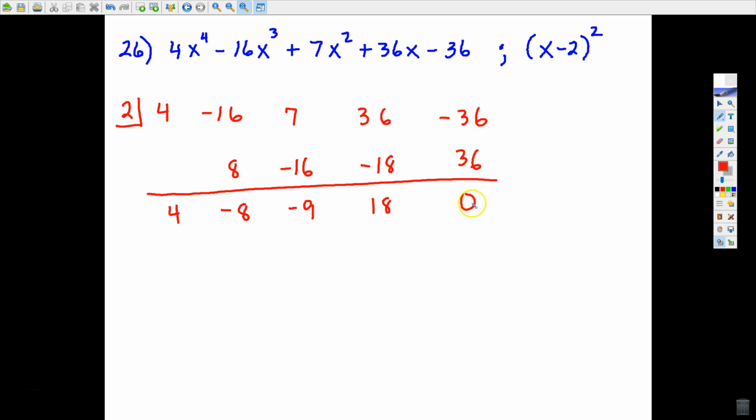Now we've proven it because we got a 0 remainder. So let's take this result, this cubic, 4x cubed minus 8x squared minus 9x plus 18, and see if it can be factored.